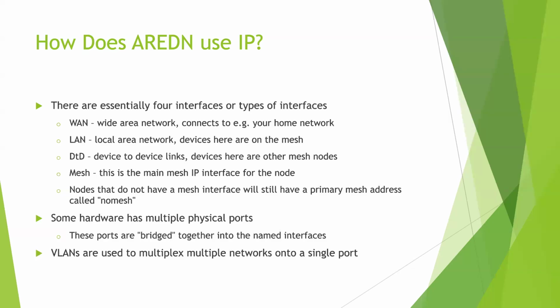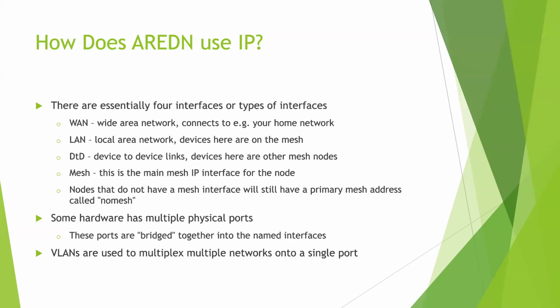Say you've got your HAP, which has 5 Ethernet jacks on the back of it. The first one is the WAN port. The next 3 are LAN ports, and the last one, the PoE one, is a DTD port. Well, actually, all 4 of those could be either LAN or DTD, depending on what you plug into it. Okay. And then the other interface that it has is the mesh interface itself, which is the radio, right?